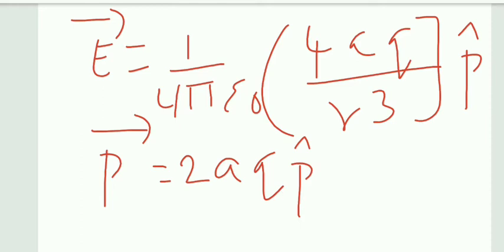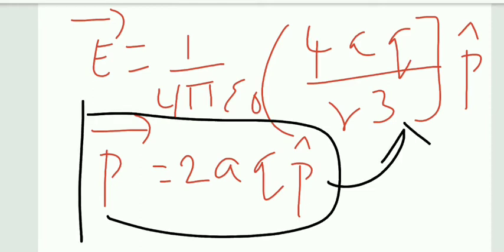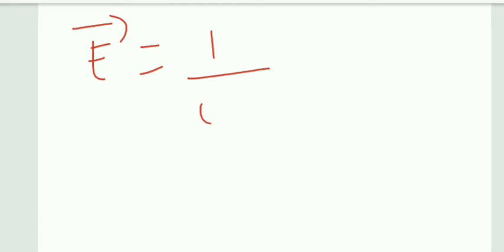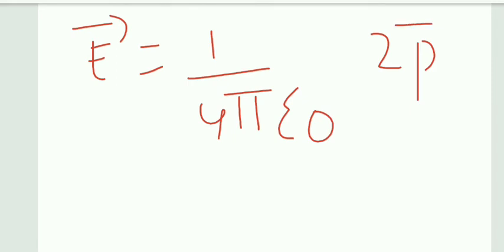If you substitute this into this one, it is 4AQ, which is equal to 2P vector, because 2AQ is nothing but P vector, so the remaining is 2. So instead of 4AQ, substitute 2P. So E is equal to 1 by 4 pi epsilon naught, 2P vector divided by R cube.